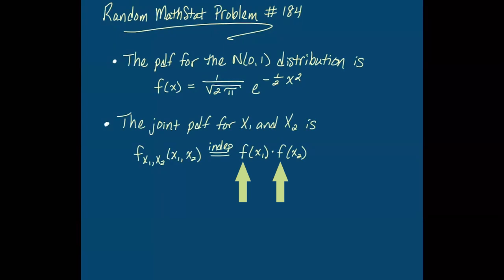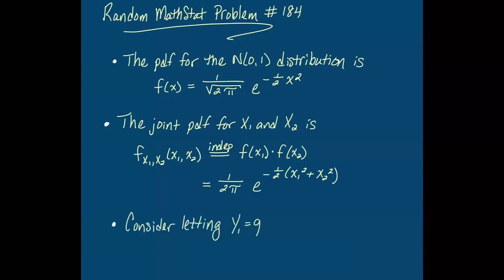In other words, there's no f1 and f2 because X1 and X2 are identically distributed and both come from the same distribution with the same PDF, which is given right here. Plugging in X1 and X2 here and multiplying these PDFs together, we get 1 over 2 pi times e to the negative 1/2 times the quantity X1 squared plus X2 squared.